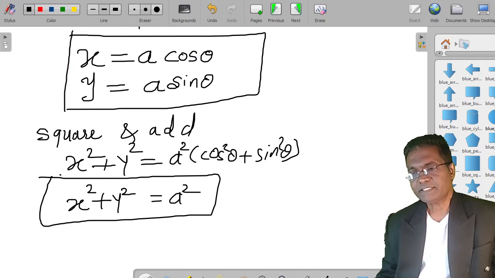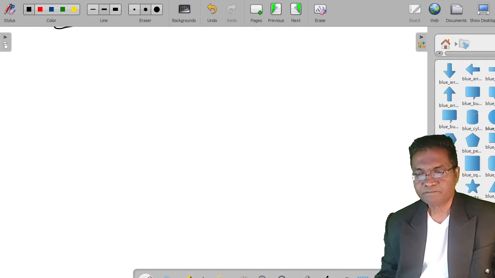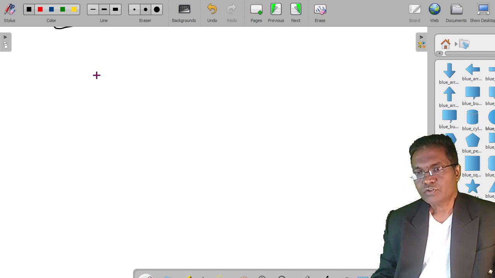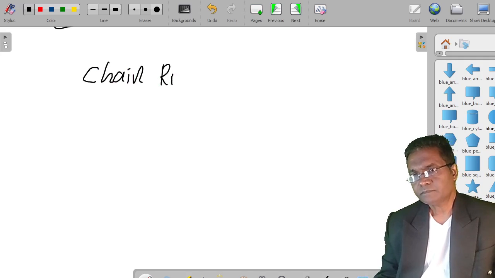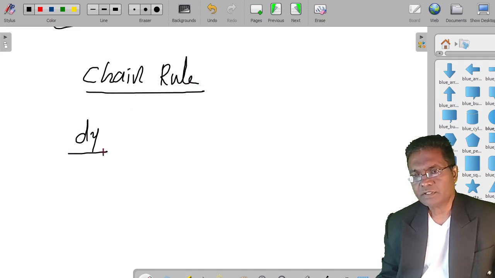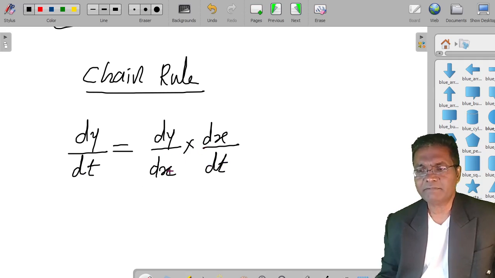Here we use the chain rule. By using the chain rule, dy by dt can be written as dy by dx into dx by dt, just by multiplying and dividing by dx.